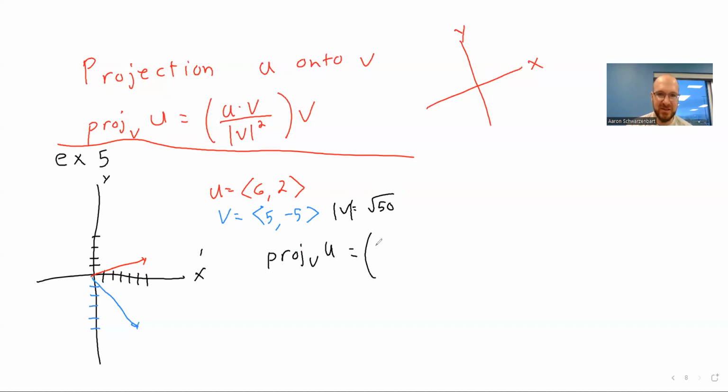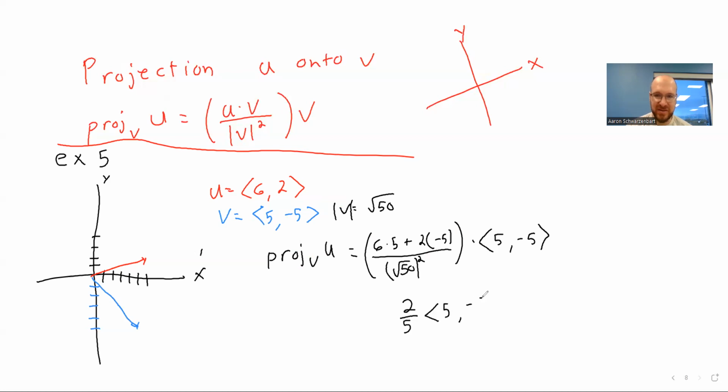So here I've got U dot V: 6 times 5 plus 2 times -5, over the square root of 50 squared, which is 50, times the vector V. So this is 20 over 50, which I can reduce to 2/5. And that's going to be 2, -2.